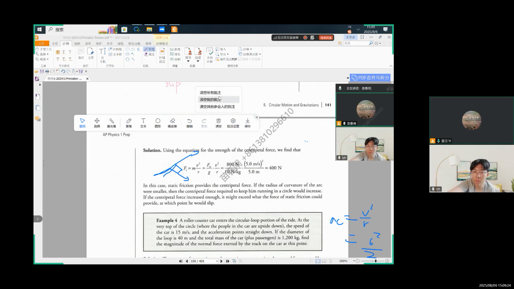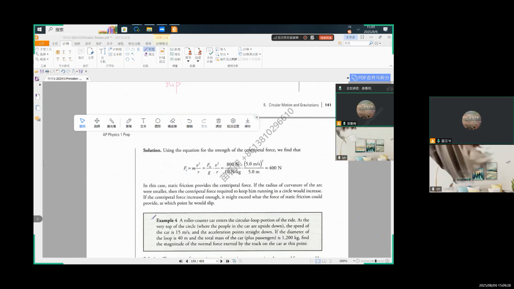This turning type of problem is also very popular. Question 4. Roller coaster, it's 15 meters.